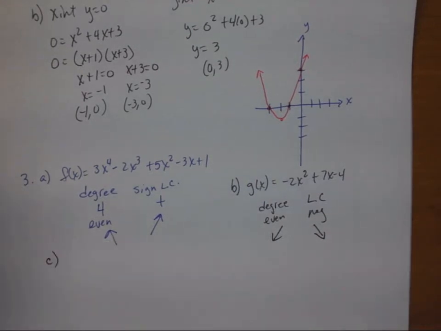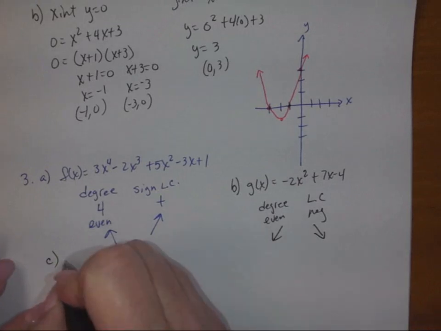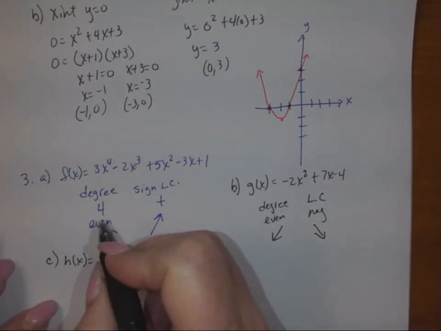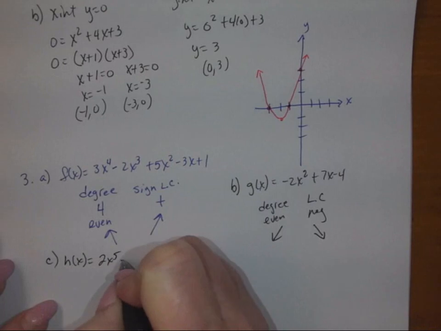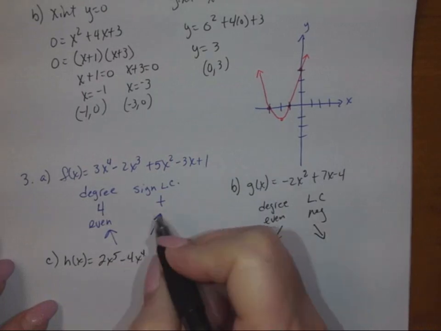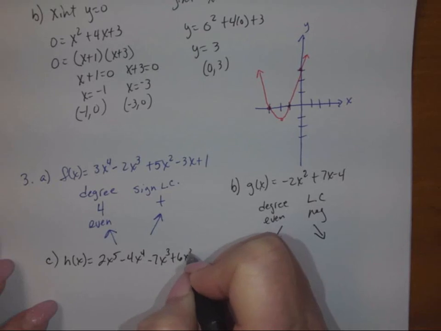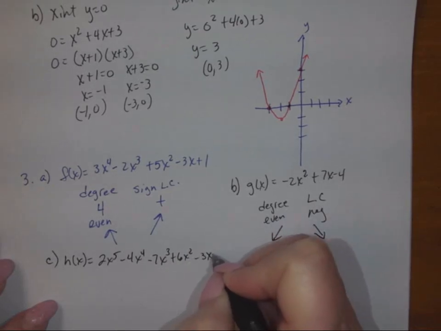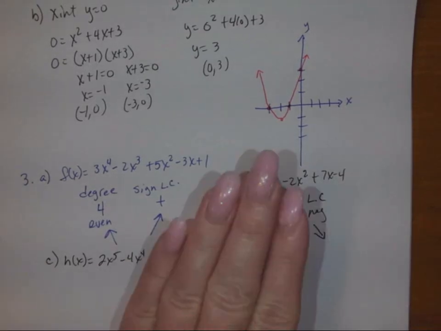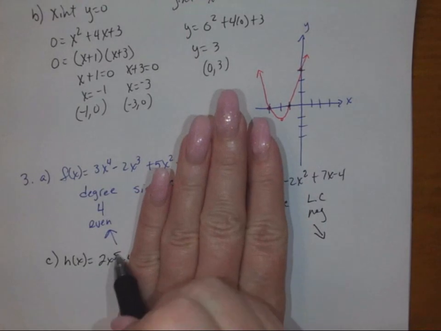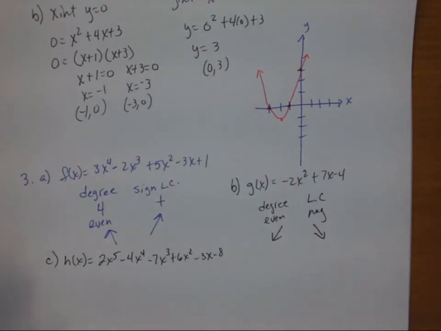All right, let's look at part C. For part C, we have h of x is equal to 2x to the 5th minus 4x to the 4th minus 7x cubed plus 6x squared minus 3x minus 8. We don't care about any of that. We only care about the leading coefficient, the one with the highest degree.